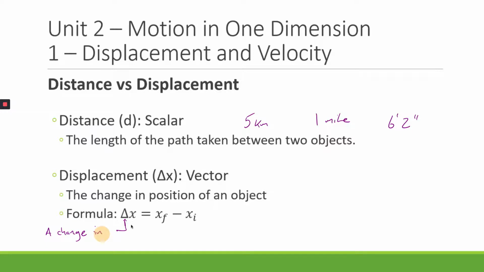So delta x means a change in x. xf is going to be your x position final. I should put x up here because that x denotes x position. And this is x position initial.